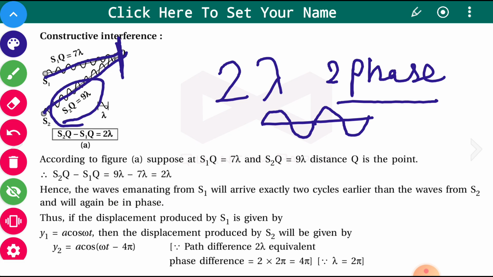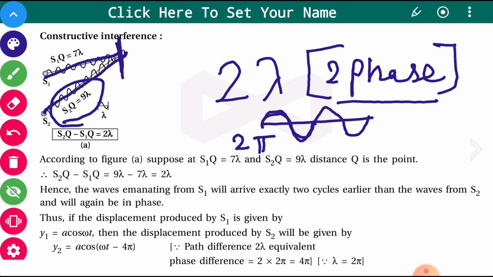Now whenever there is one wavelength, the phase is 2 pi. Now there are two phases, or we can say there is a phase difference of 2 cycles.